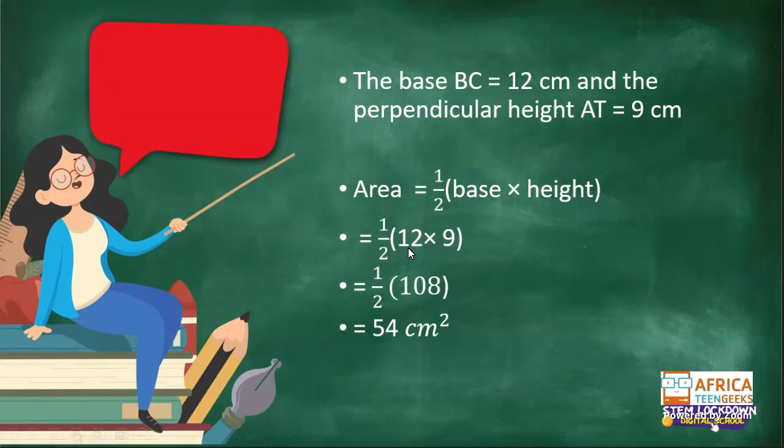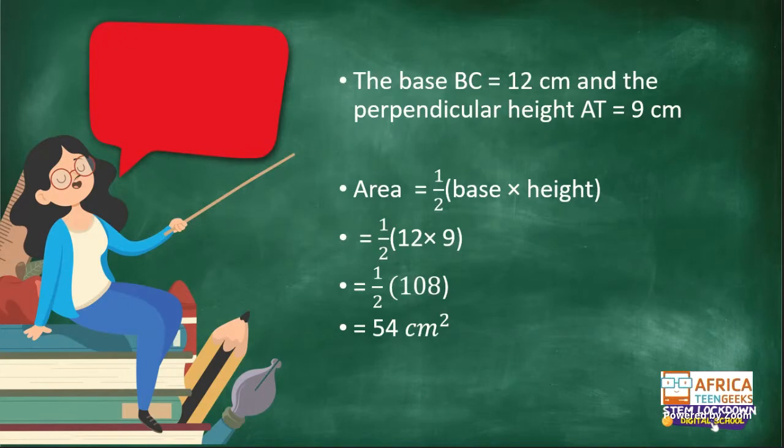If you multiply 12 by 9, you will get 108. And if you multiply that by half, the answer will be 54 square centimeters. So the area of this triangle will be 54 square centimeters.